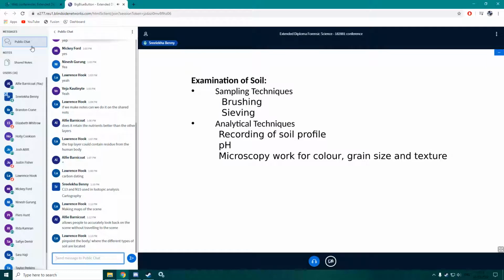So if you found some of the soils, where do you normally find soil in a crime scene?